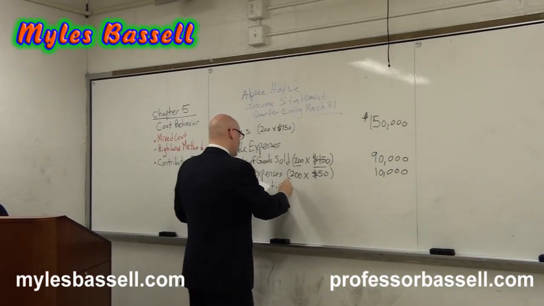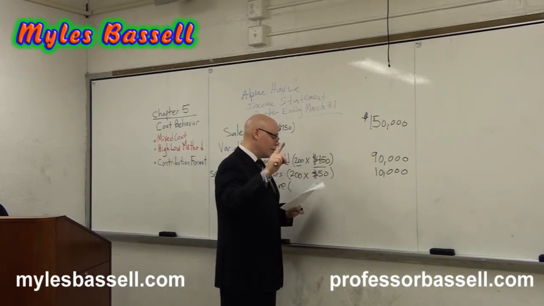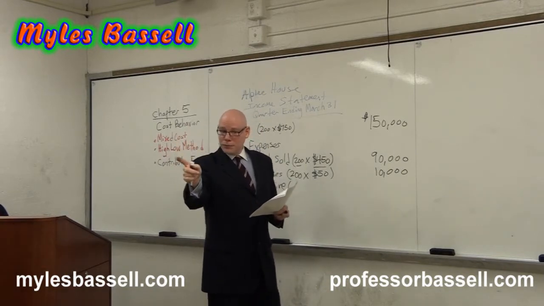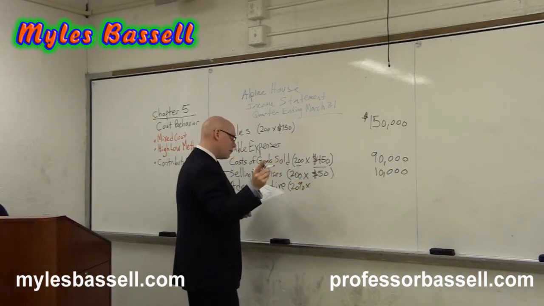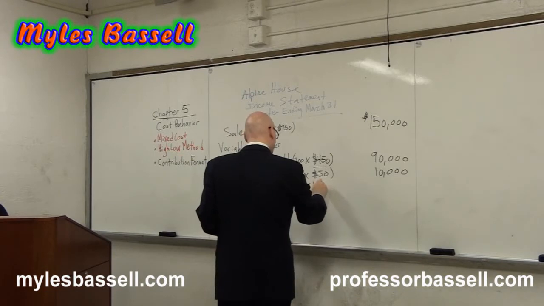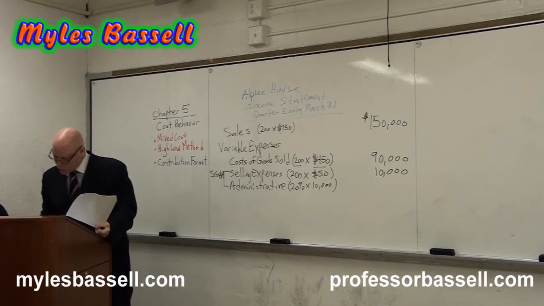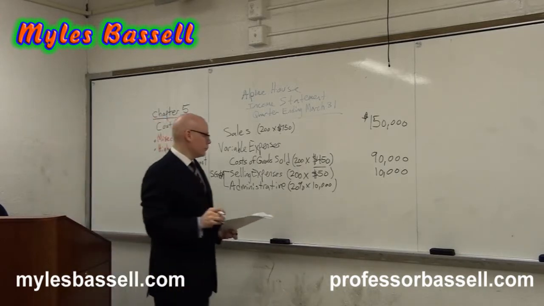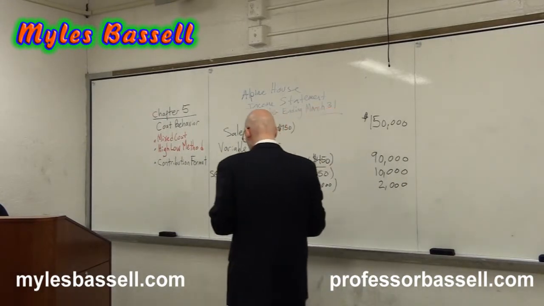They tell us that the administrative expenses are 20% variable and 80% fixed. So it's 20% of the $10,000, which is $2,000.